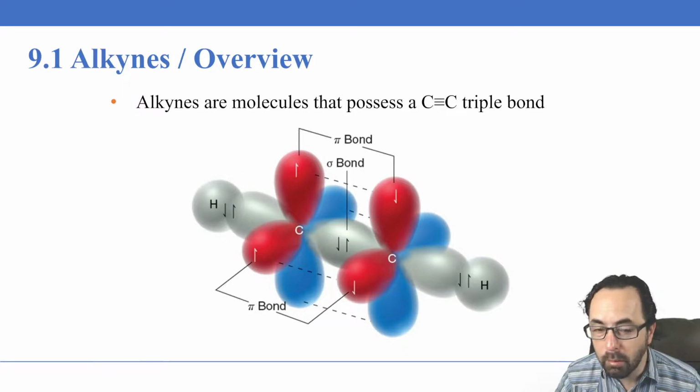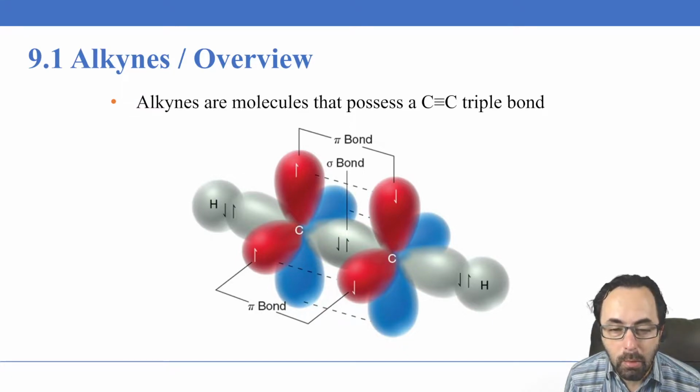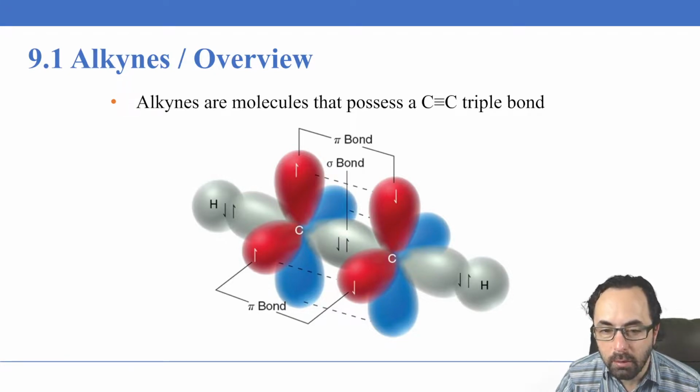Alkynes are molecules that possess a carbon-carbon triple bond, as you guys know from when you studied functional groups in the first chapter. So a triple bond is composed of one sigma bond in which there's direct overlap between sp hybridized orbitals. And we've got two sp hybridized orbitals here, one on each side of the carbon in gray. And we have one sigma bond between the overlap of the sp orbital and the two carbons, and then an overlap of the sp orbital with the 1s atomic orbital in the hydrogen atoms to make this sigma bond.